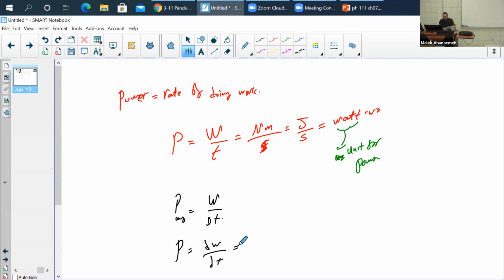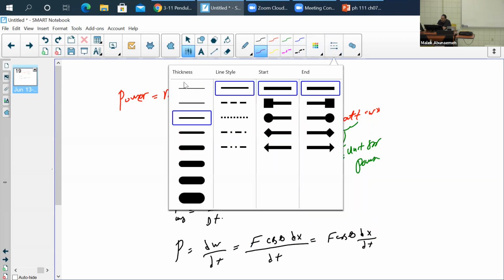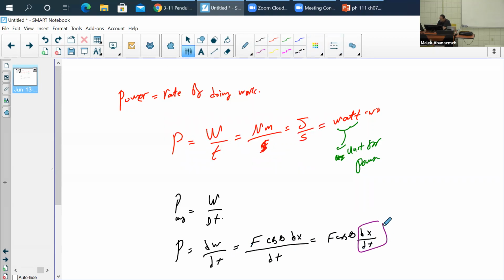Your dW is going to be F cosine theta dx, divided by dt, which is F cosine theta dx over dt. So dx over dt, we defined earlier as your velocity, distance over time.